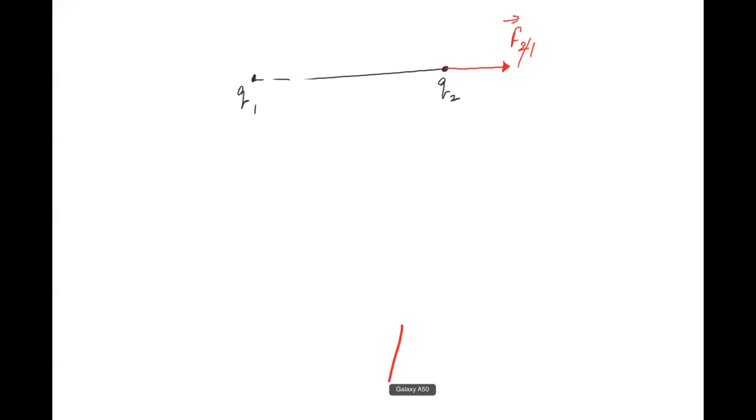Please don't write anything on the screen, it's a request. Similarly, q2 will repel q1, obviously towards the left. That force is F12, the force on 1 due to 2.